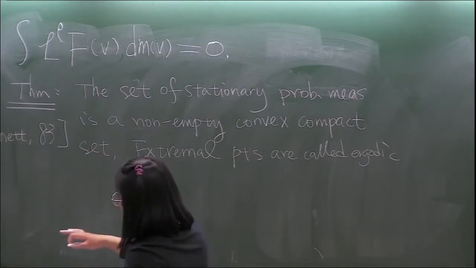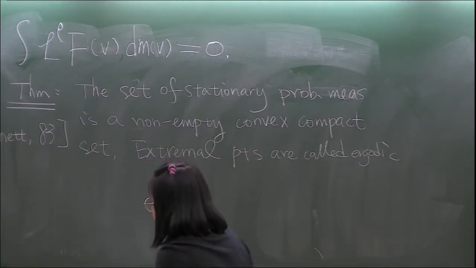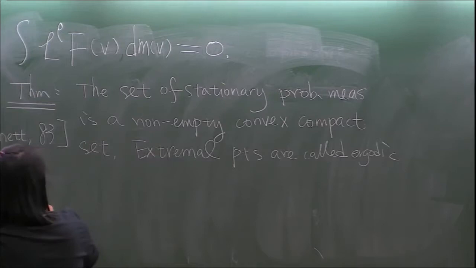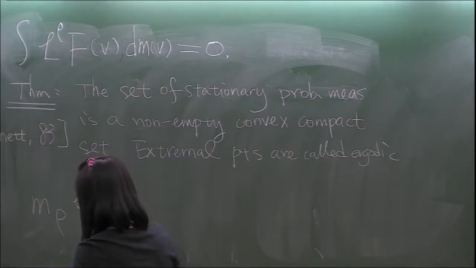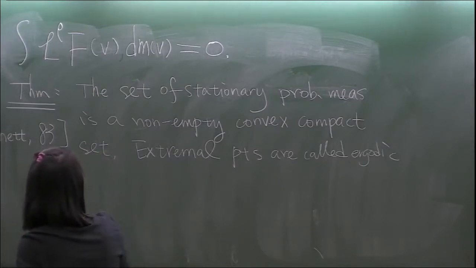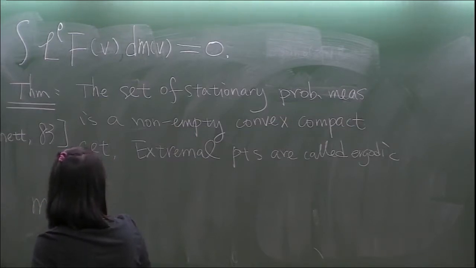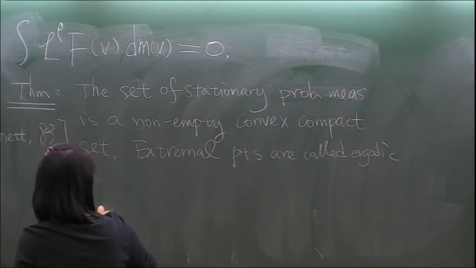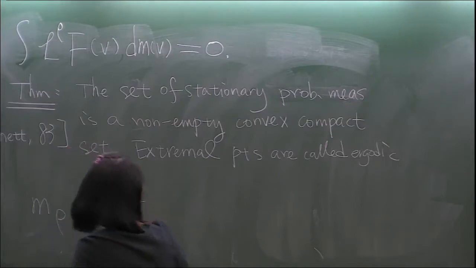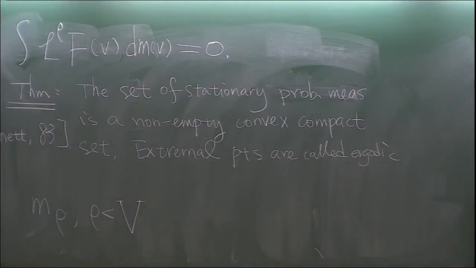Okay. So we already have an example, and later I will also mention the construction. So the main purpose, hopefully today, if we can get to that point, is I will give you the construction of this m_rho when this rho is strictly less than V. Why?